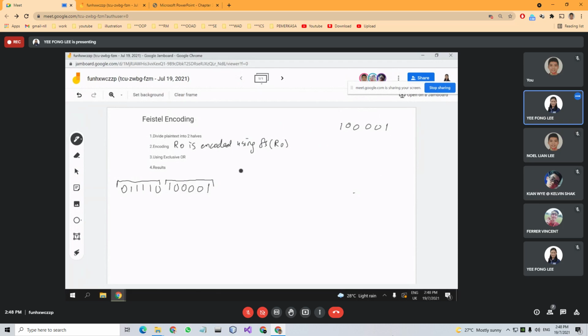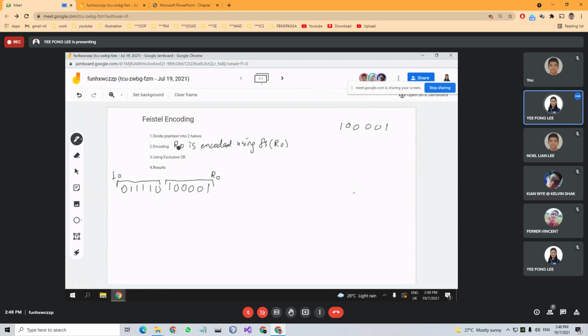This one is our left, L0, because it is the first round. And this is our right, R0. Okay, do you see that?